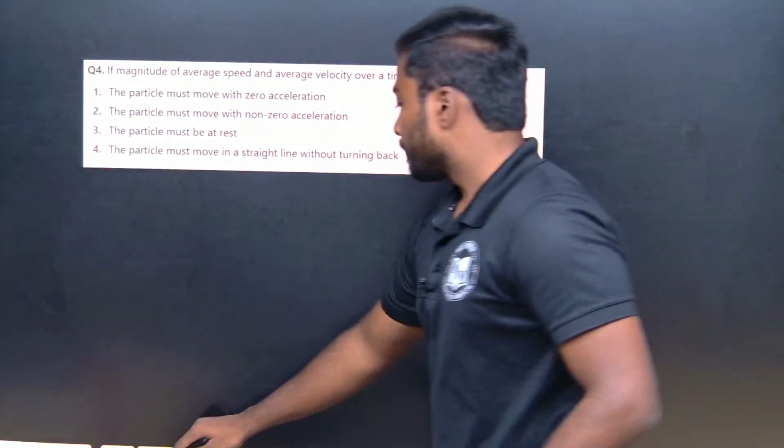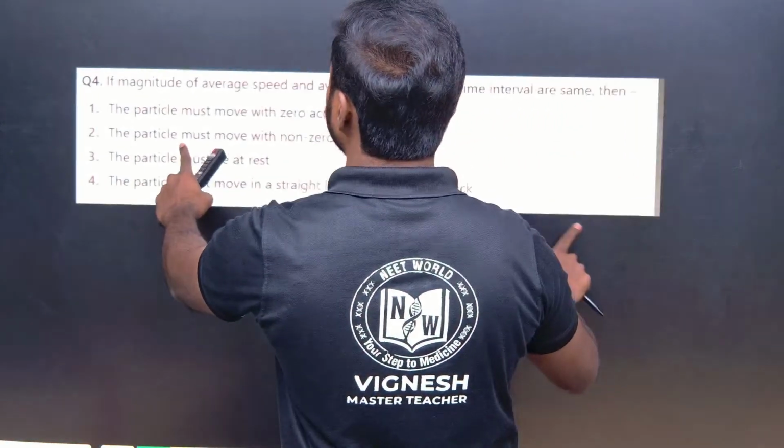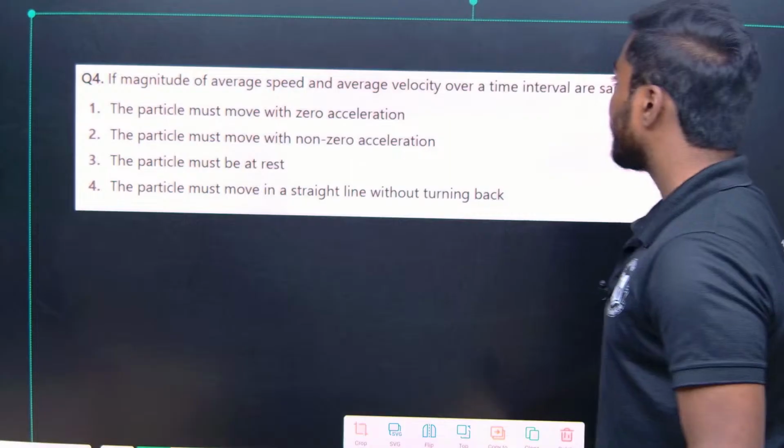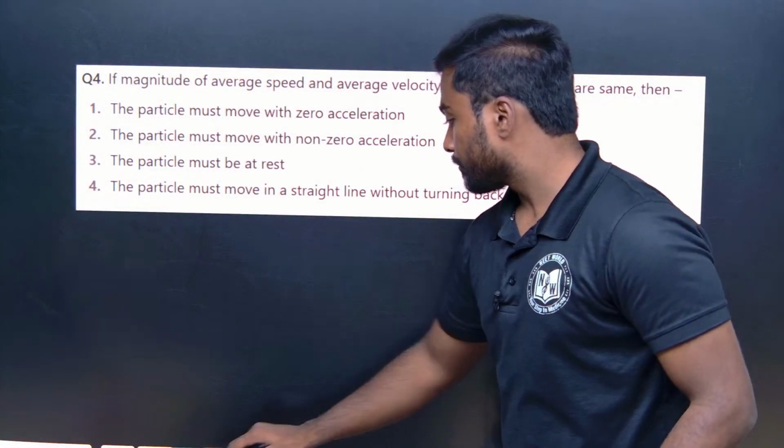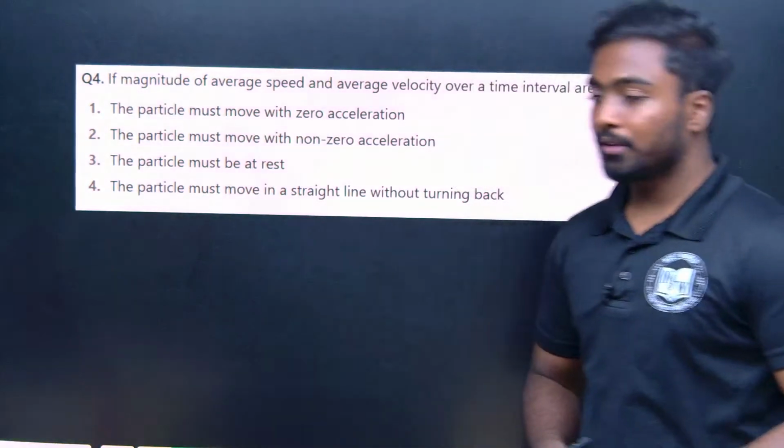So fourth one. If the magnitude of average speed and average velocity over a time interval are same, then give the answer for this question, we will see.